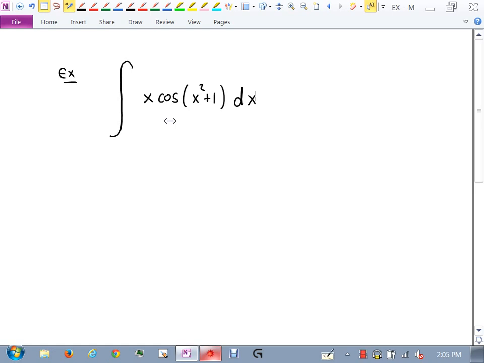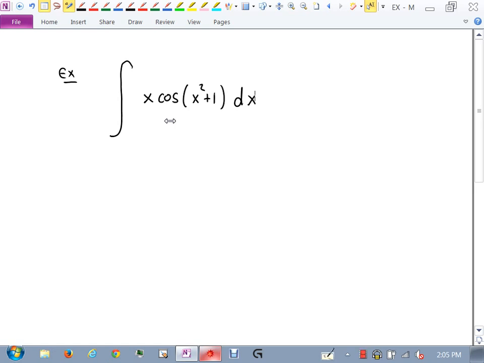So look in this problem right here. Here's the idea behind substitution. Do you see something and its derivative? Or do you see something and something close to its derivative? Maybe off by a number?